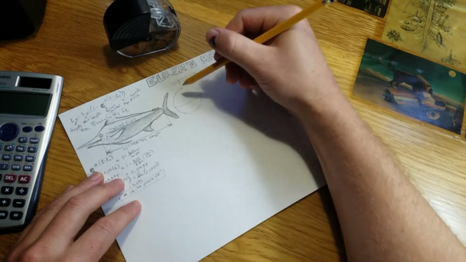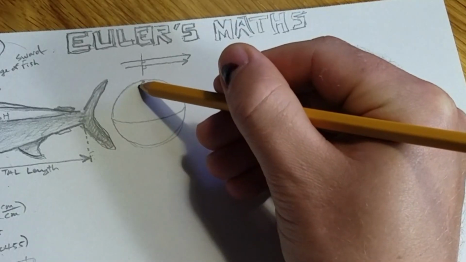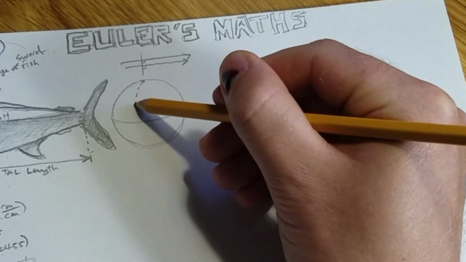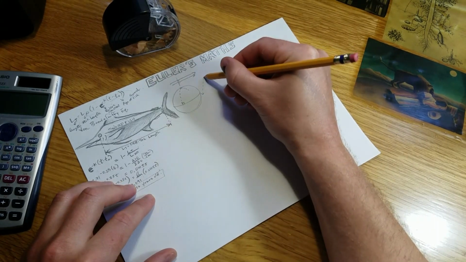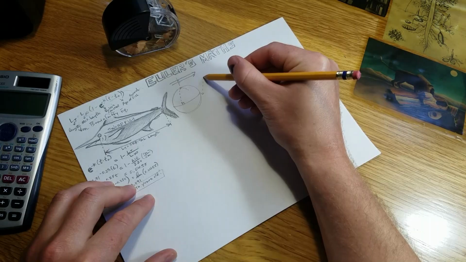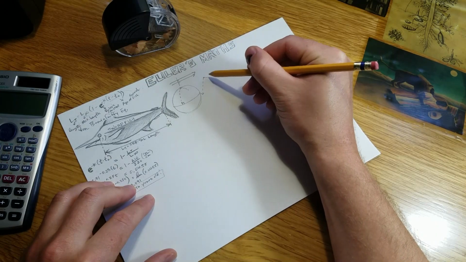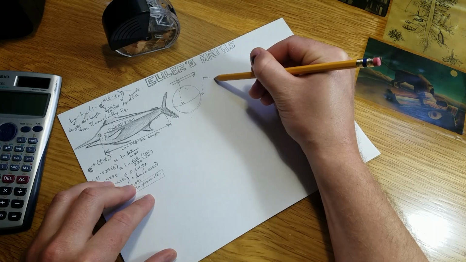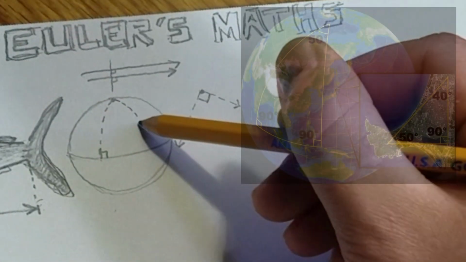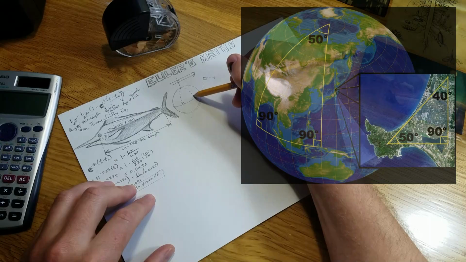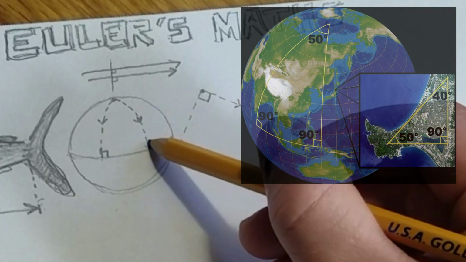If you're at the North Pole and you go in a straight line, looking from overhead, for instance, if you went this way from the North Pole and then you turned exactly 90 degrees and started walking that way, you would also reach the equator.